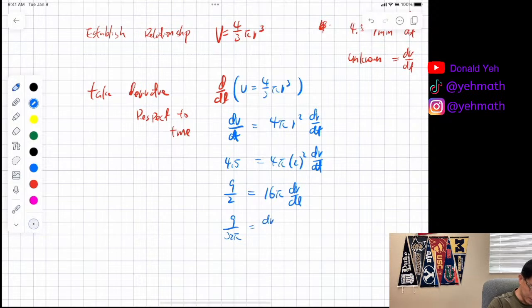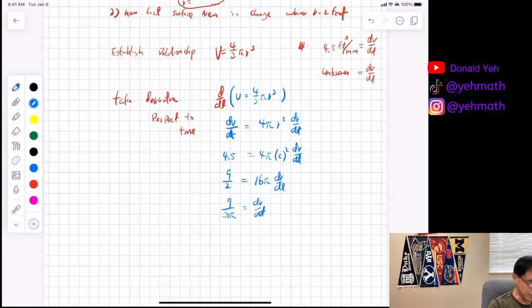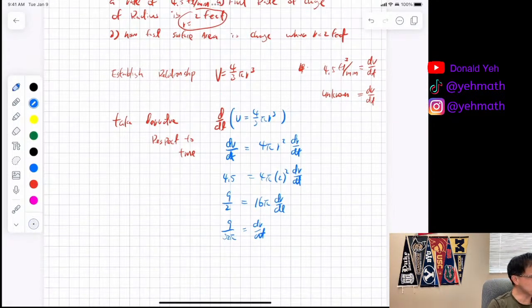And that's how fast the radius is changing. Now that is the first part, right? What is the second part? The second part says, what is the surface area changing? So as air is expanding inside the balloon, it's getting bigger. Not only is volume changing, the surface area is also changing as well.